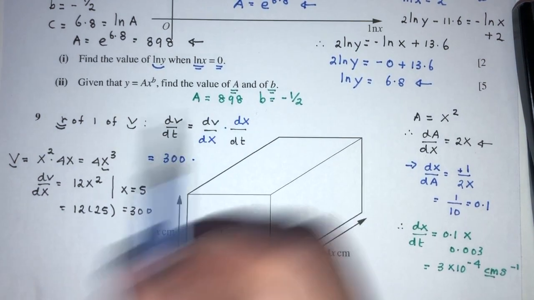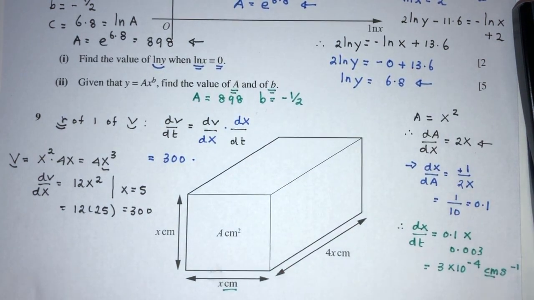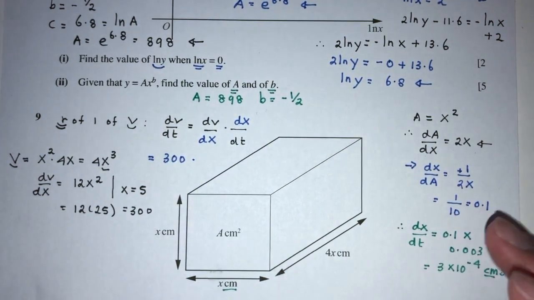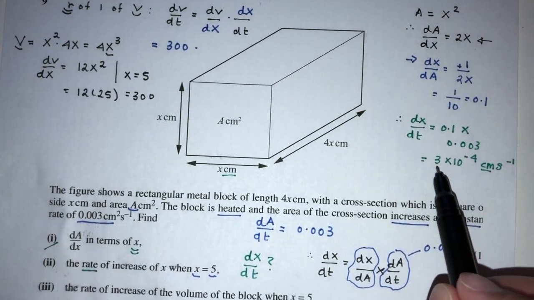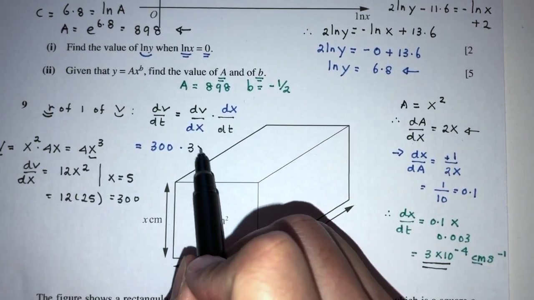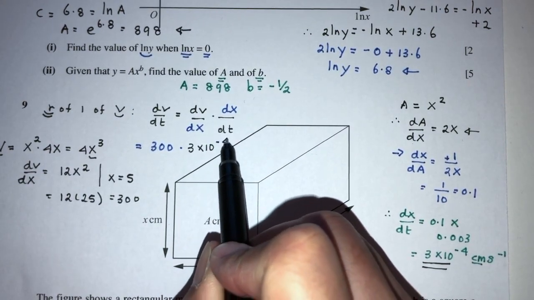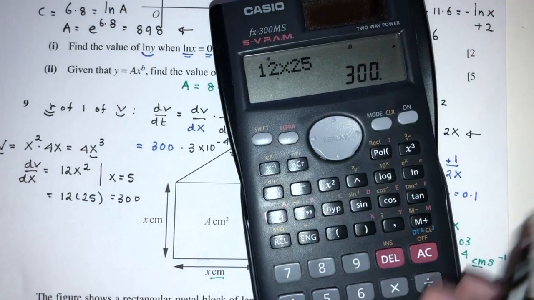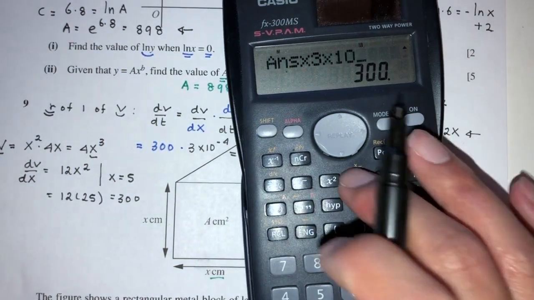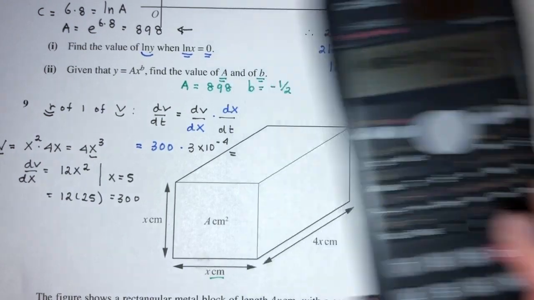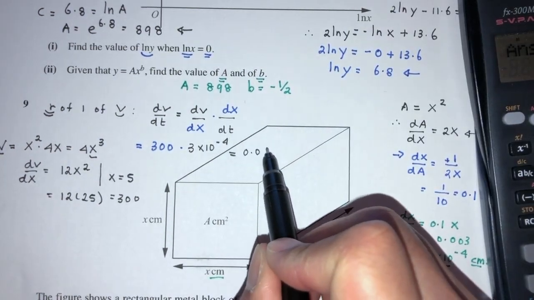So here we have to multiply by dx by dt. As you can see, dx by dt was given to you right here. That will be 3 times 10 to the power minus 4. So 300 times 3 times 10 to the power minus 4. That will be 0.09.